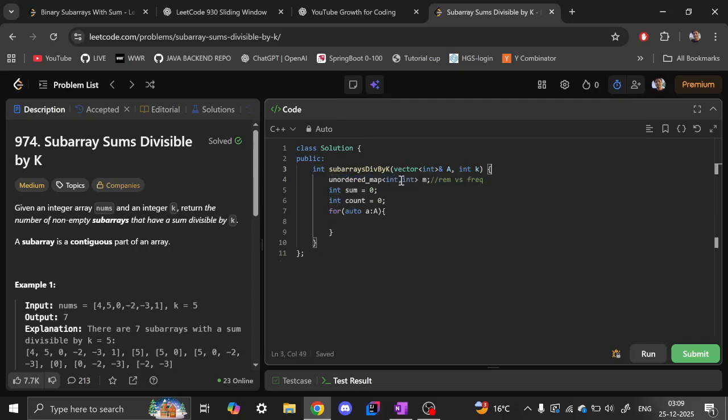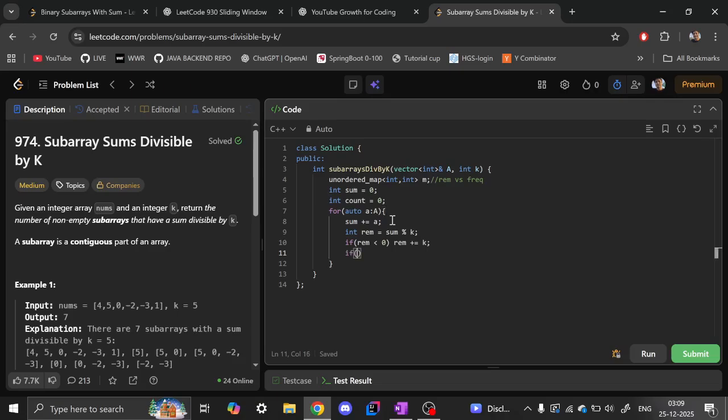So when I add a to this, it becomes sum plus equals a, and then I try to find a remainder, so sum modulo k. If your remainder is negative, what we were doing for negative remainders was adding the k value.